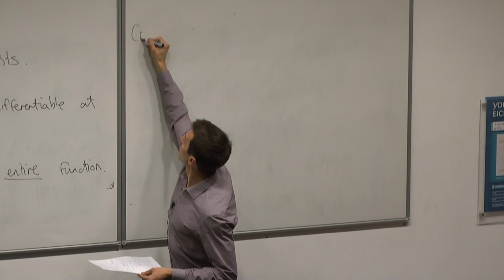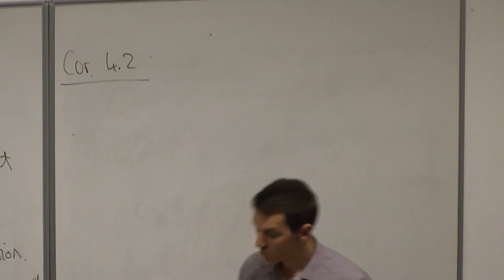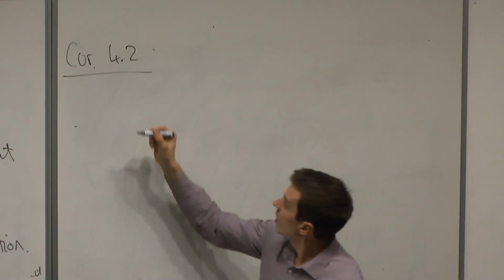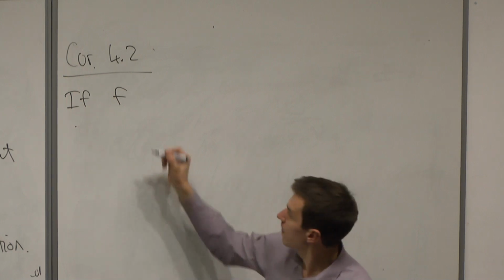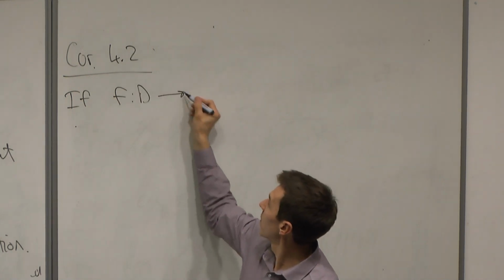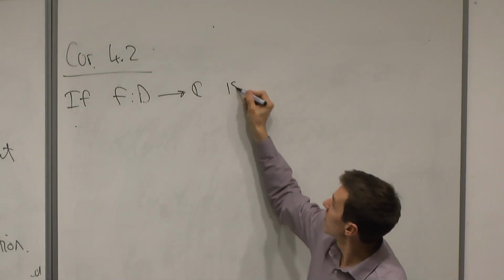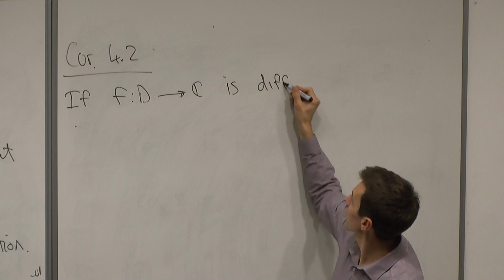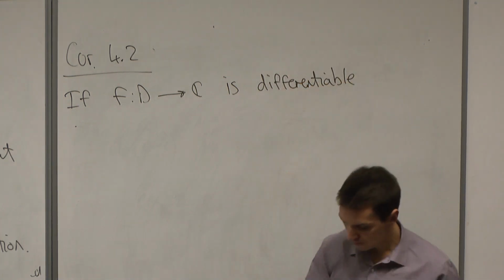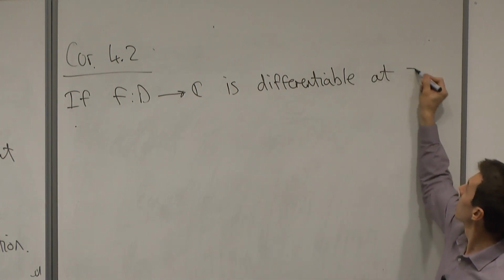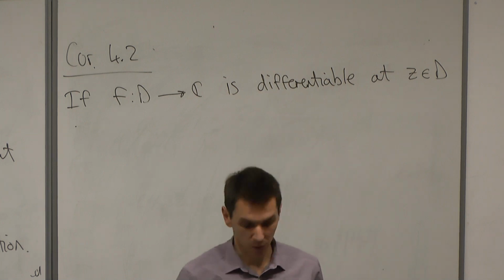Right, so the first one then is corollary 4.2, which is 17.2 in the book. If we have a function f, again from D to the complex numbers, if this function is differentiable at the point z, then it's continuous at this point.